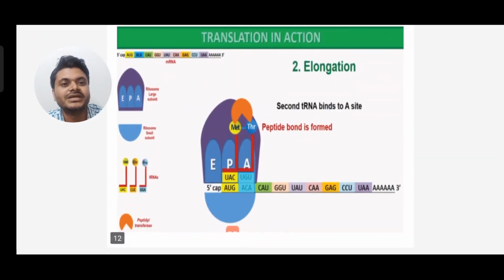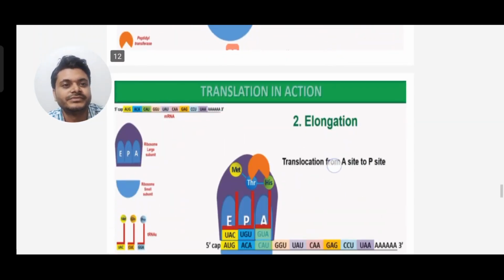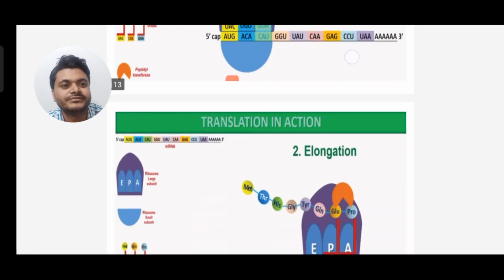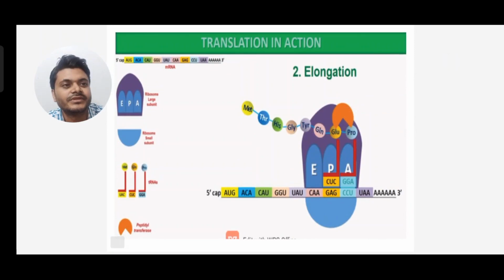Next, in elongation, the second tRNA binds with the A site. Since the P site is filled up, it binds with the A site and a peptide bond is formed. Next, again you can see translocation from the A site to the P site. Then a polypeptide chain is formed.